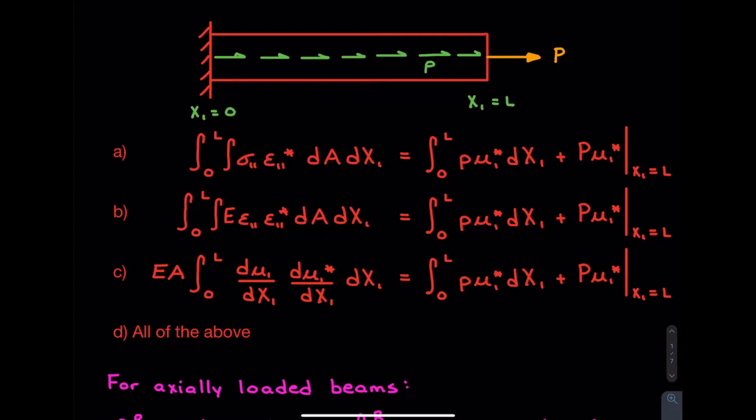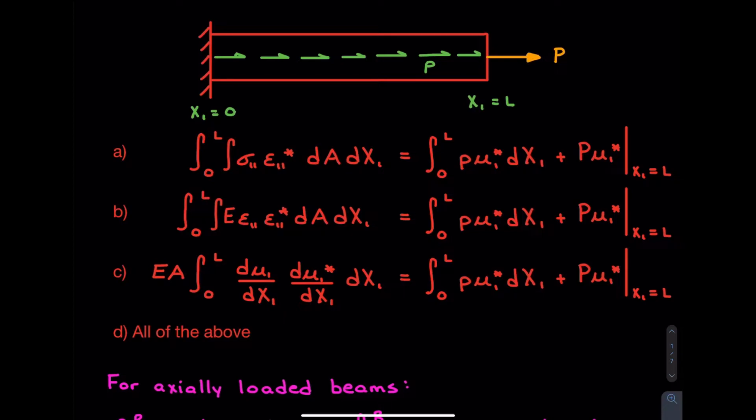Well, that happens if there's a concentrated axial load or moment. Between x1 equal to 0 and x1 equal to L, there is no concentrated load. We do have a concentrated load P, but that's at the end, so we don't have to worry about that. So going from x1 equal to 0 all the way to x1 equal to L, it's valid because it's going to be a nice smooth function all the way across.